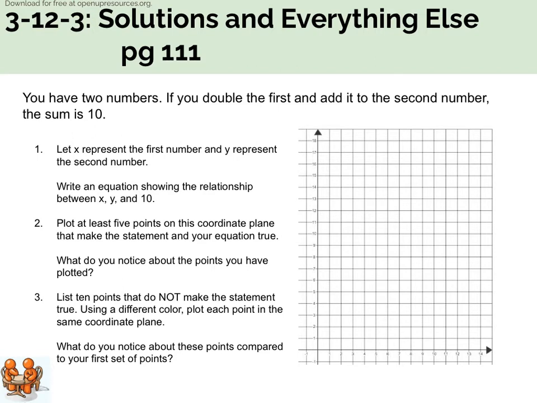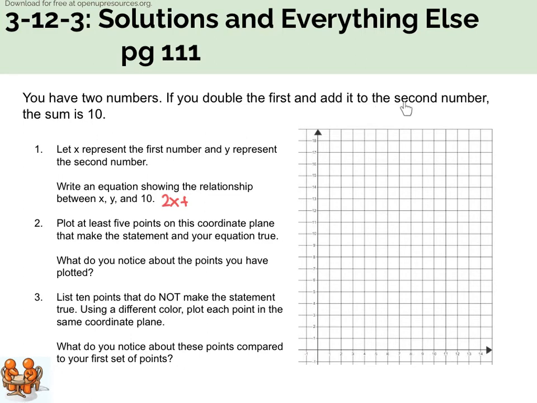So if I was making the equation, it says if you double the first number. So doubling is timesing by 2, and the first number was x. So I'm going to say 2x plus, and then what did we do with the second number?